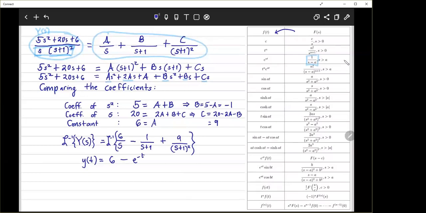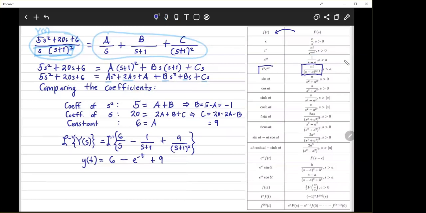So next, copying ko yung 9. And now I am left with 1 over s plus 1 quantity squared. So, hanap tayo ng entry on our table for 1 over s plus or minus something quantity squared. So actually, nagamit na natin yung entry na yan doon sa previous example. Ito yon. Factorial over s minus a raised to n plus 1.